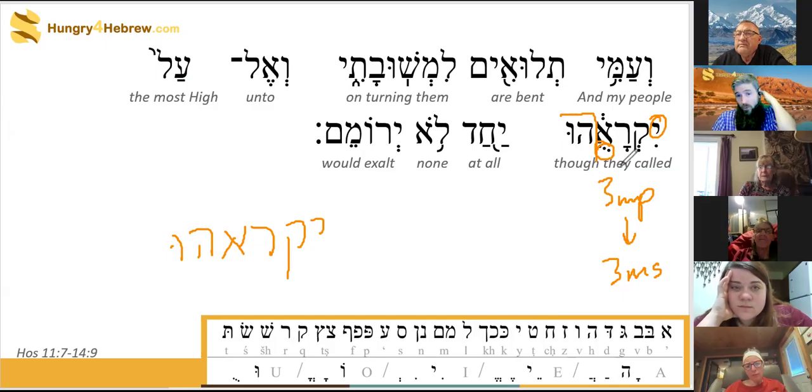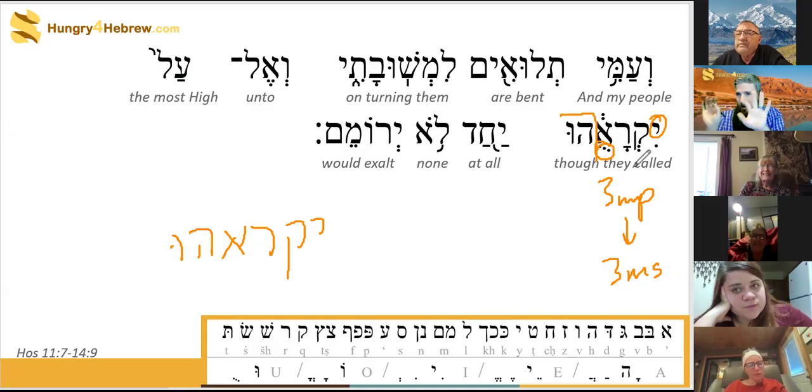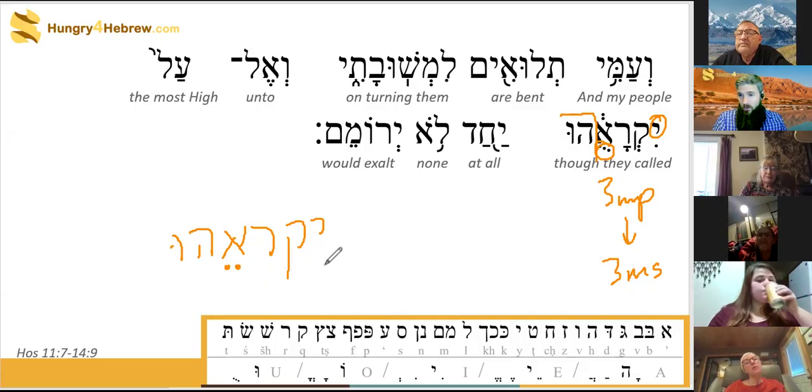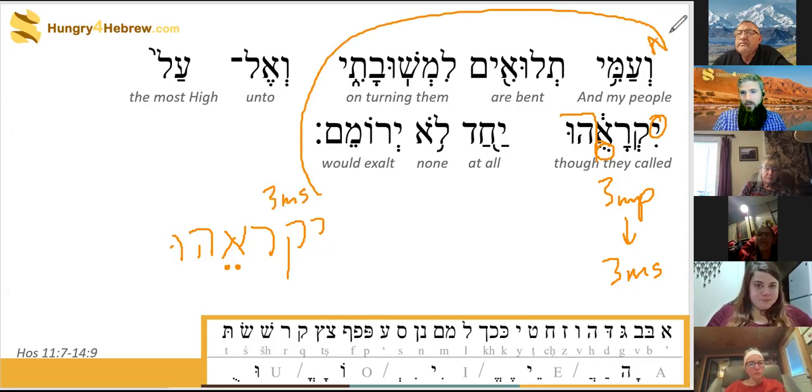under here. That oo did not exist before the Middle Ages in writing. It was only part of the Masorah, the tradition. So if we were to modify this text, God forbid, modify the nikud that were added in the Middle Ages, and we change that oo into an a, yikra'ehu, then all of a sudden it would be a 3ms, and that would agree with the 3ms of people.